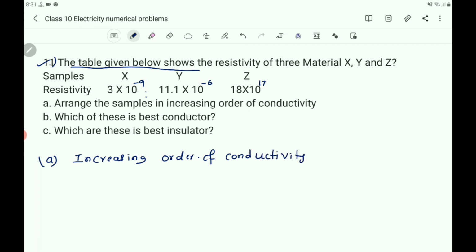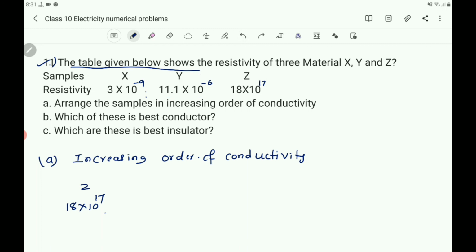So that is Z having maximum resistivity 18 into 10 power 17. Next, you compare the power. 10 power minus 9 is there, 10 power minus 6 is there, and it is 11.1 into 10 power minus 6.